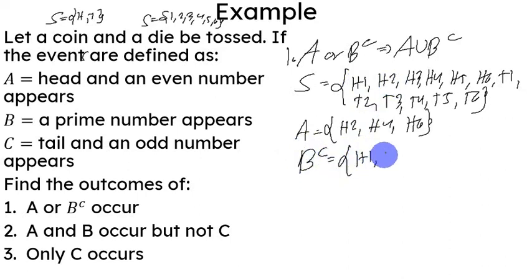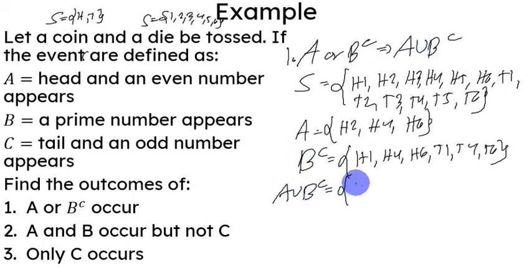So that's H1, H4, H6, T1, T4, T6. And because this is a union, A union B complement will have the following outcomes: H1, H2, H4, H6, T1, T4, T6.